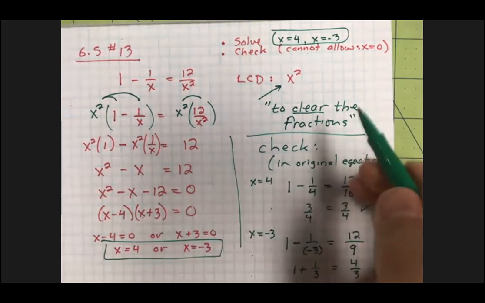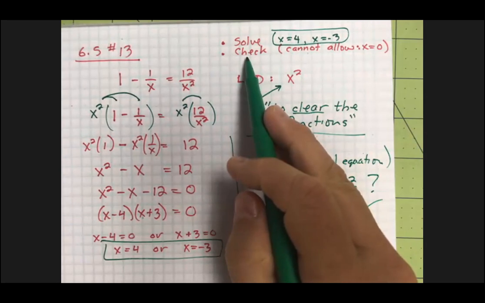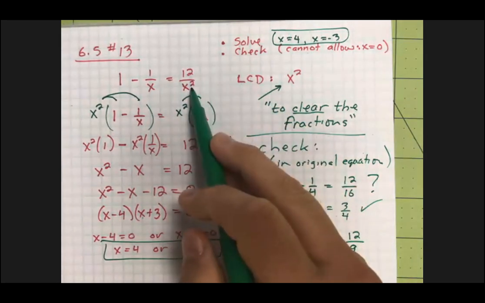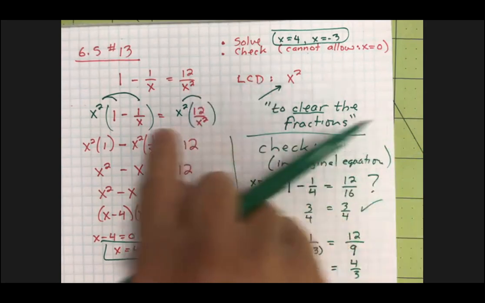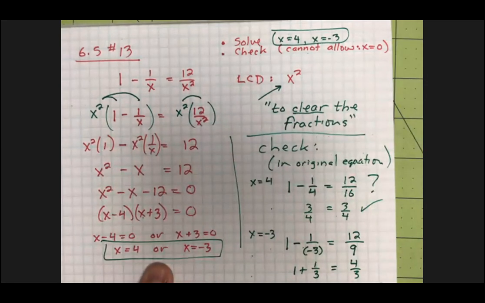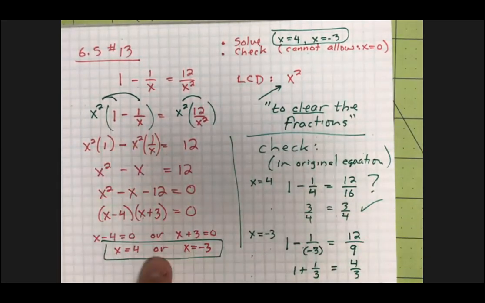But here's the real story. This checking thing is really checking to see if you screw up the denominator. As long as you don't divide by 0 and you did everything else right, of course, sometimes I make mistakes along the way, but as long as you've done this work right, and these answers don't cause you to divide by 0, then they're both going to work.